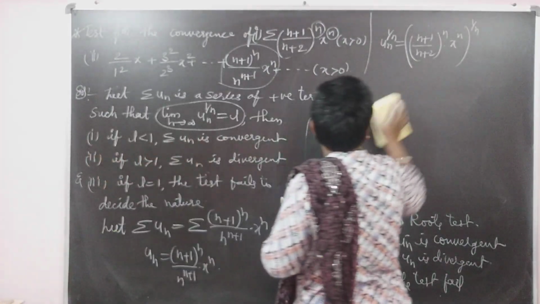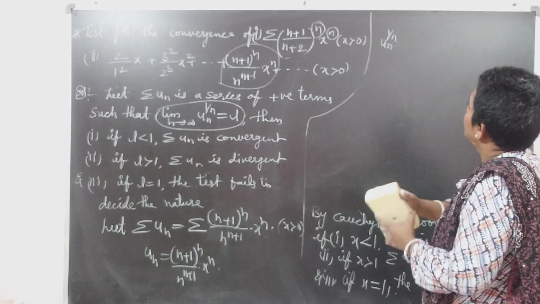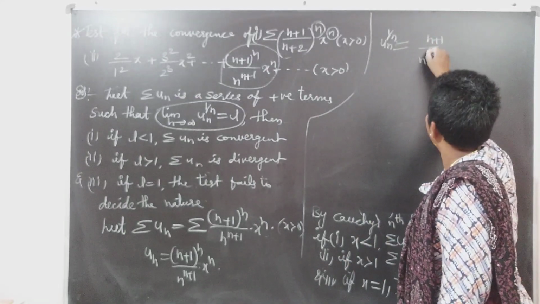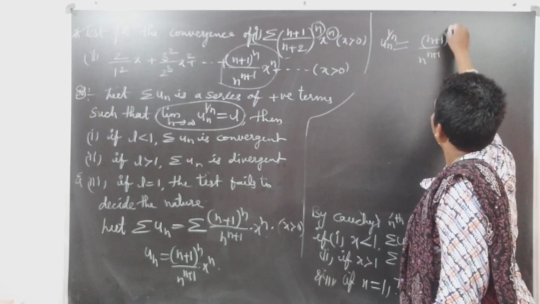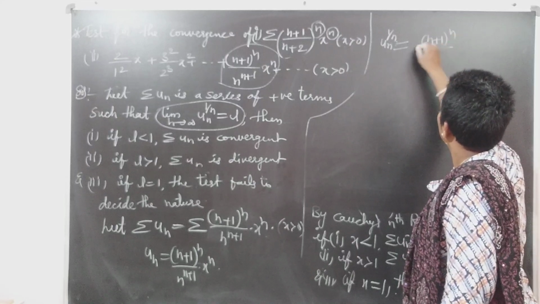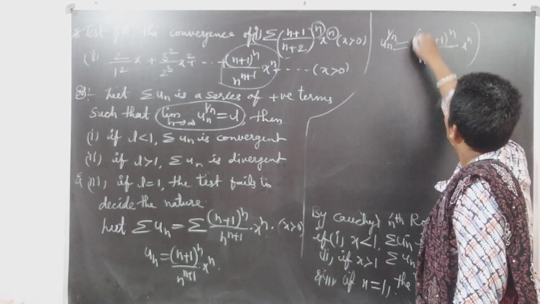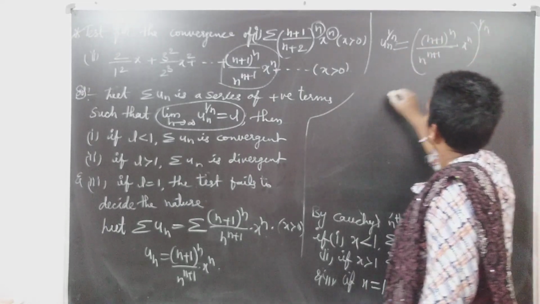Next we can take the nth root of un, then this is equal to ((n plus 1) whole power n by n power (n plus 1) into x power n) whole power 1 by n.